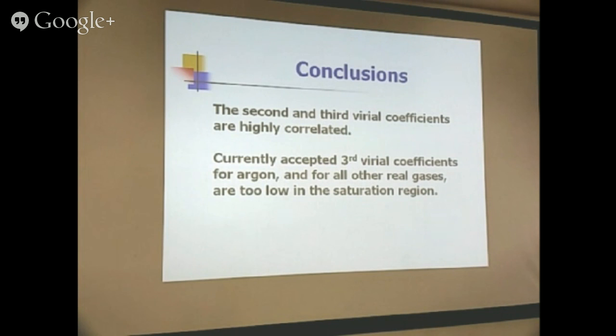But if I insist on only using 3 terms, the third Virial coefficient will have to account for the very rapid increase of pressure when the volume gets smaller. So you have to have a very large third Virial coefficient, and to have the proper behavior to account for the liquid phase in equilibrium with the gaseous phase, these two Virial coefficients have to be correlated.